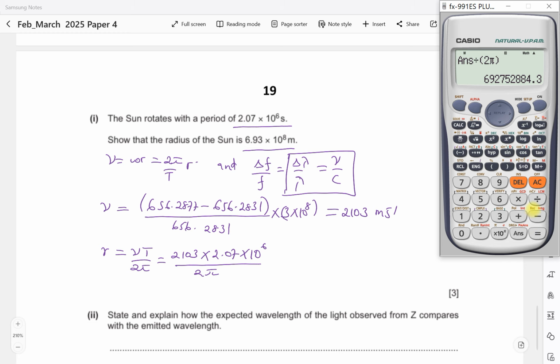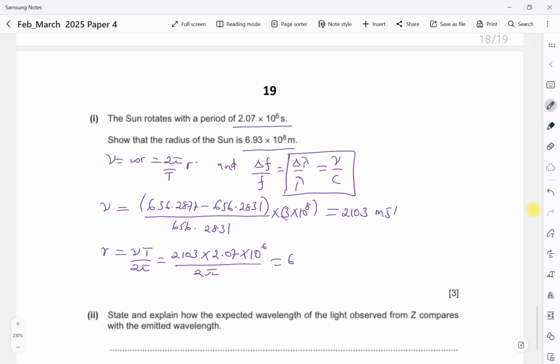So I'm getting 6.927 times 10 to the power of 8 meters, which is approximately 6.93 times 10 to the power of 8 meters. Remember, the examiner wants to see the answer which rounds off to what has been given.